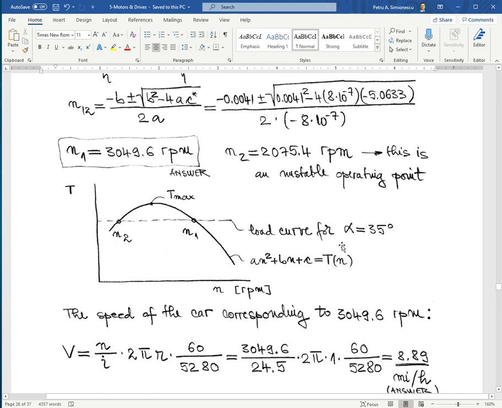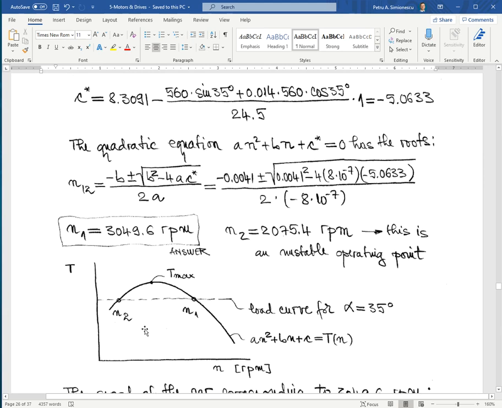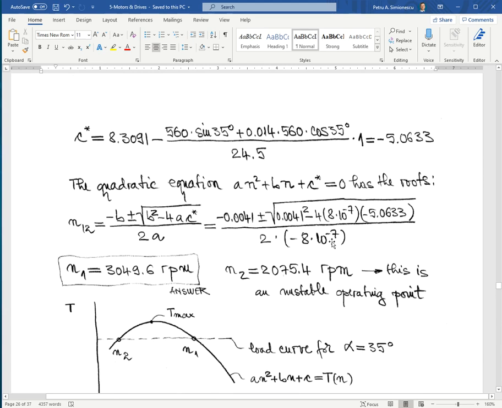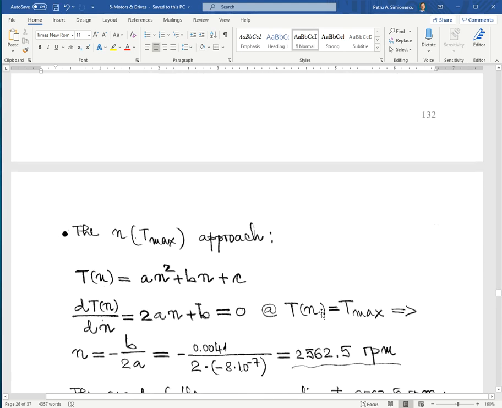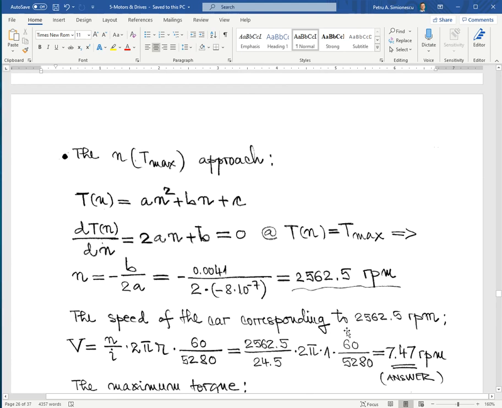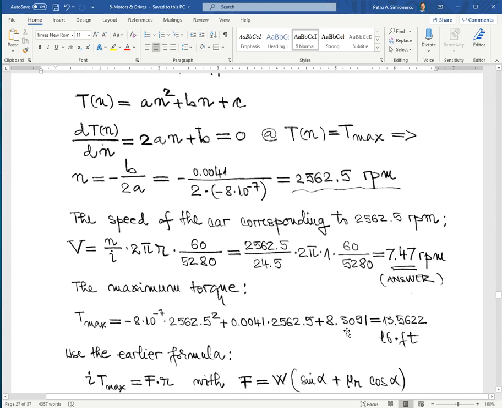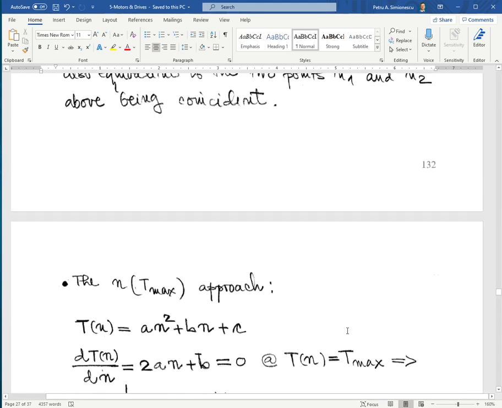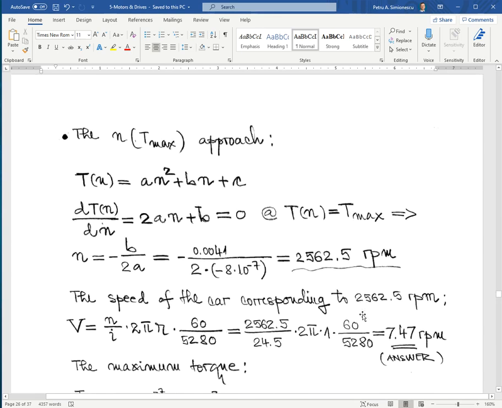So maximum slope would correspond to these two solutions, N1 and N2, being coincident. So I can essentially take the discriminant of this quadratic and set it equal to 0, and from there, discriminant equals 0, I can calculate the maximum torque.